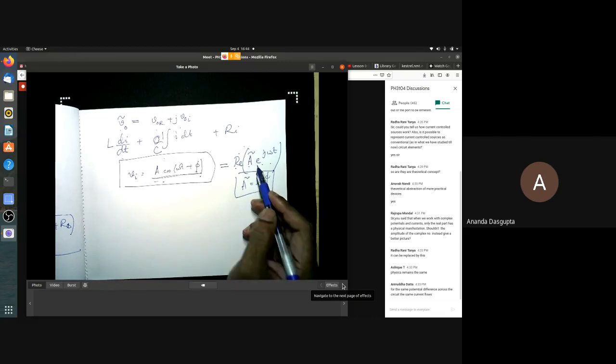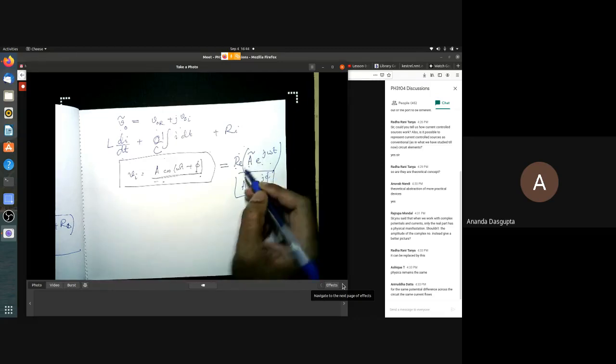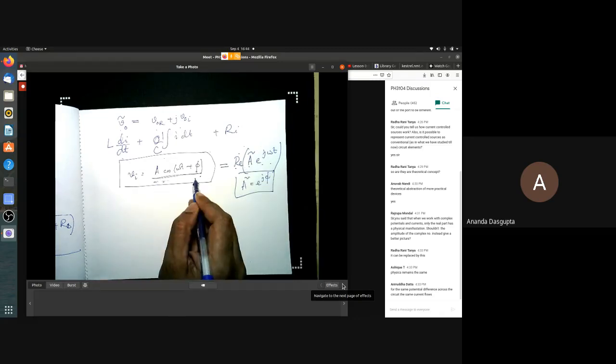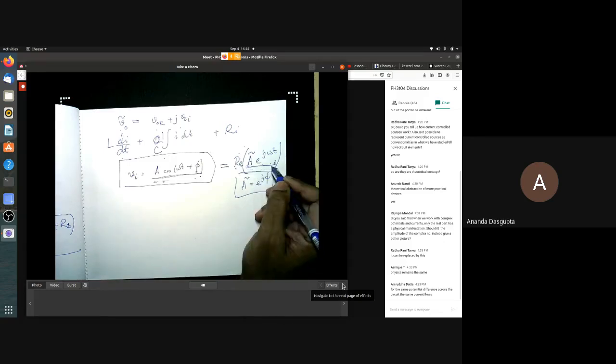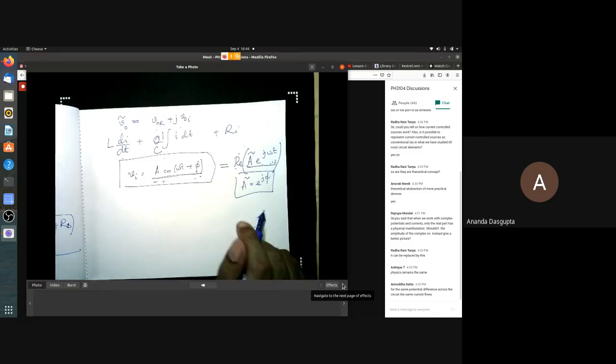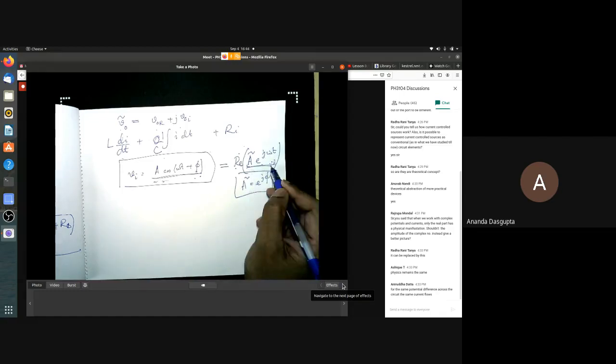All we are saying is, instead of doing your calculations with a cos omega t plus phi, you can happily do the calculations with a tilde e to the j omega t, as long as you're doing nothing non-linear. And the reason why you would prefer doing it with a tilde e to the j omega t has no physics in it, but mathematics. Exponentials are easier to handle when differentiation and integration are concerned. That's the only reason why you're going in for this.